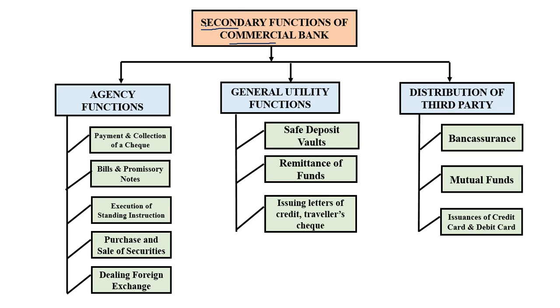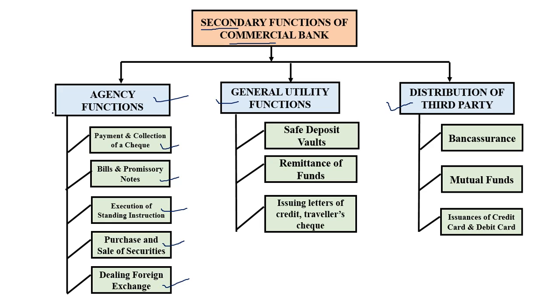Secondary functions of commercial banks are divided into three functions. First is agency functions, second is general utility function, and last is distribution of third party product. Under agency function, the bank performs payment and collection of check, payment and collection of bills of exchange and promissory note, execution of standing instruction, then purchase and sale of securities, then last is dealing with foreign exchange.